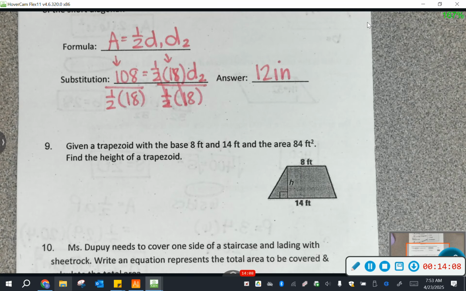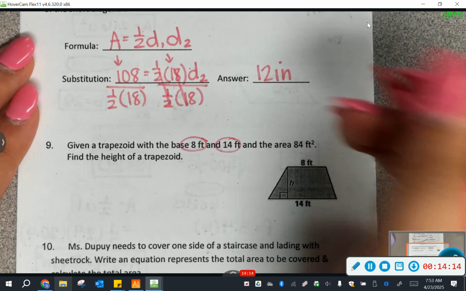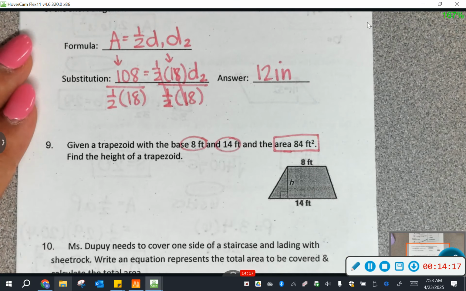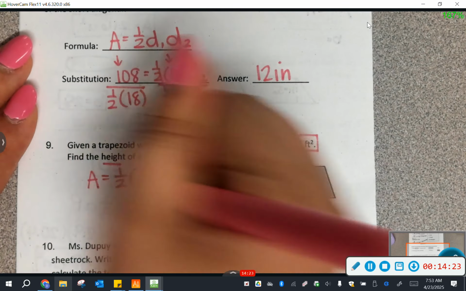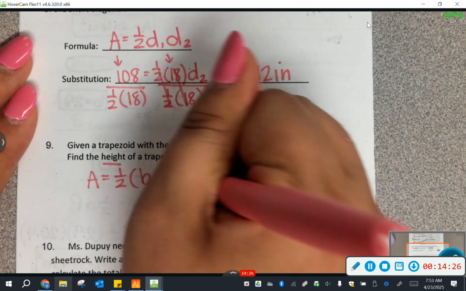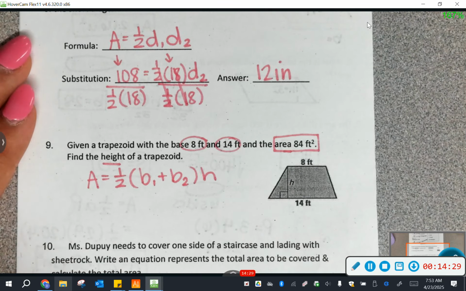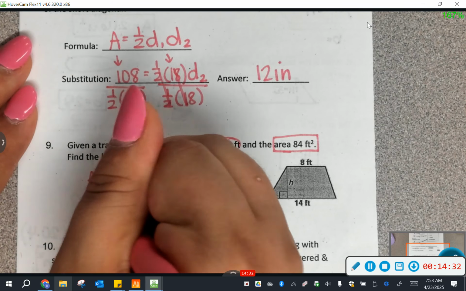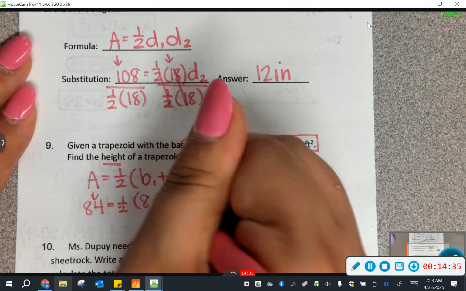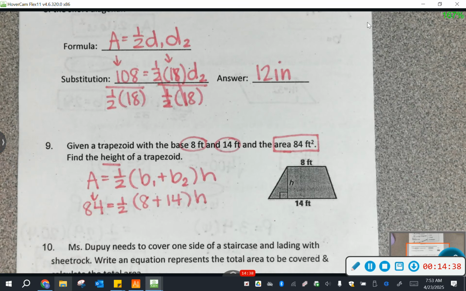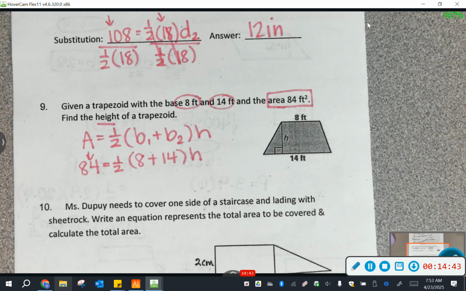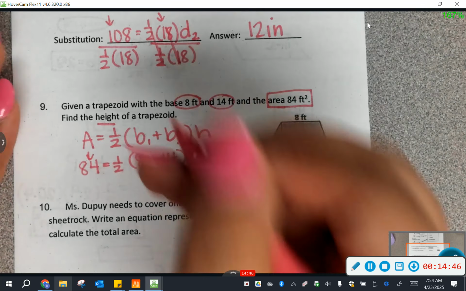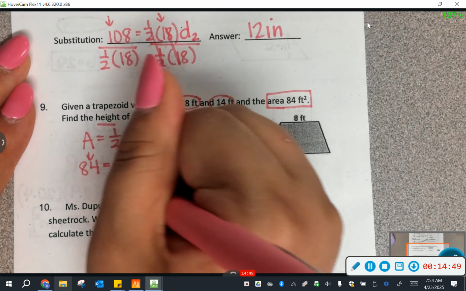Questions? Given a trapezoid with bases of 8 and 14, and the area is 84, find the height. My formula for a trapezoid is 1/2 (b1 plus b2) times the height. Fill in what you know: 84 equals 1/2 (8 plus 14) times the height. How do I get h by itself? You divide by 1/2, so I can divide by all of this.